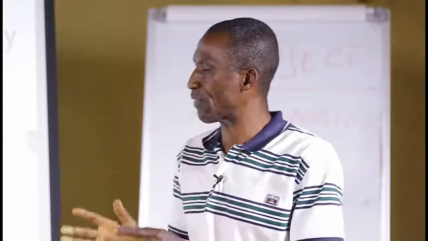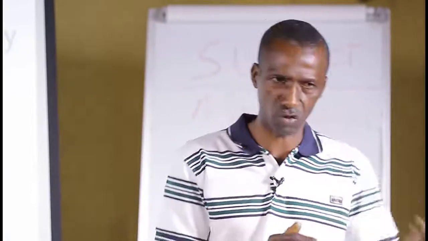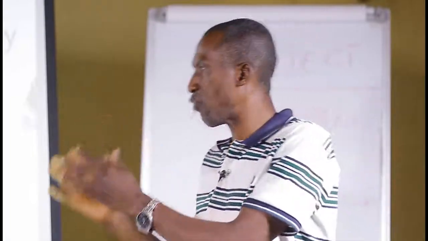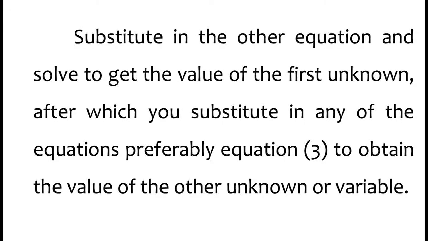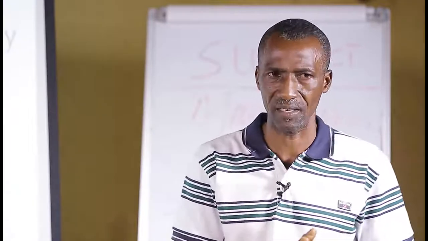Now, after making an unknown the subject of the formula, you go further to solve. Then, by getting the first value of the unknown, you substitute in equation 3 to get the second value. Let me quickly repeat example number 1 for better understanding.